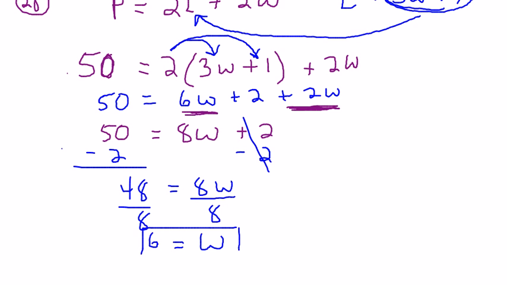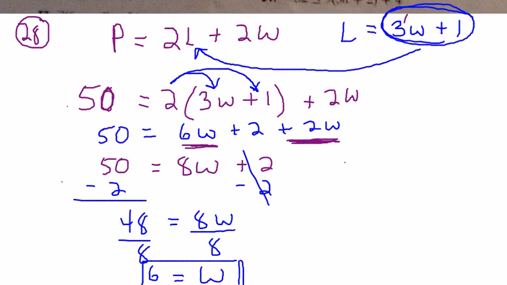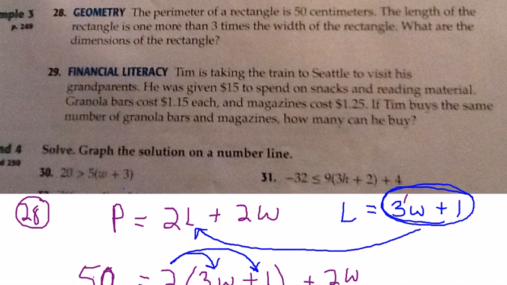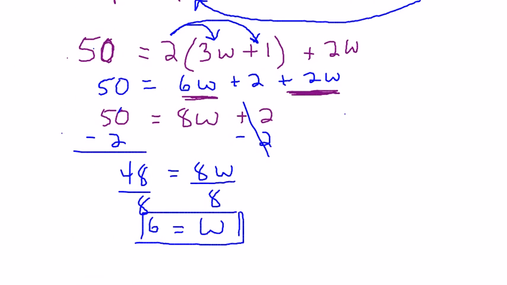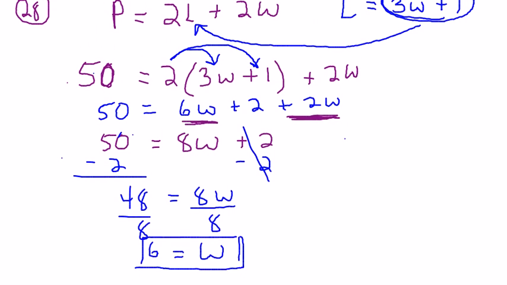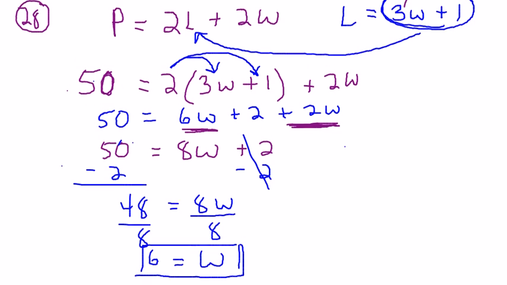And to check your solution, you would take 6 and plug it back into your original equation. So let's make sure we've answered the question. The question says, what are the dimensions of the rectangle? Well, we figured out the width. W is 6, but we've only answered half the question because we want to know what the length is too.